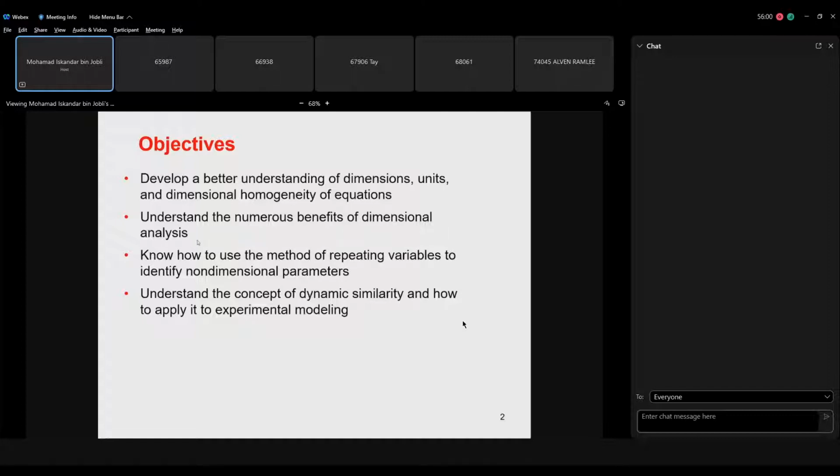We shall analyze, and then you'll know the advantages from the usage of dimensional homogeneity in equations, to check on the validity of your equations. Now, the third objective is to know how to use the method of repeating variables to identify non-dimensional parameters. This is where it gets really hard.